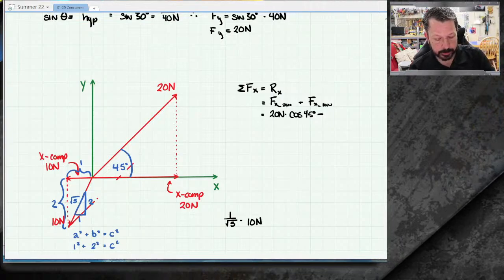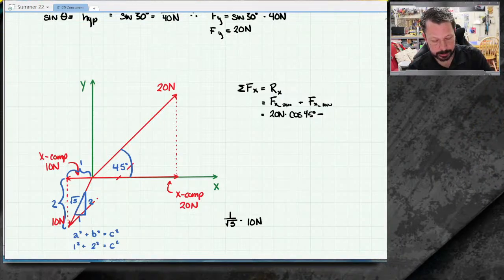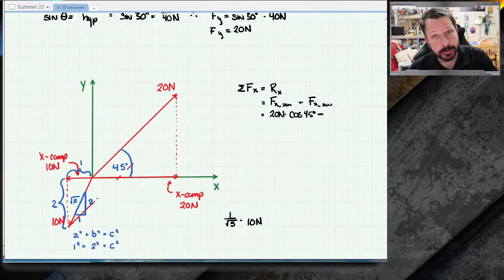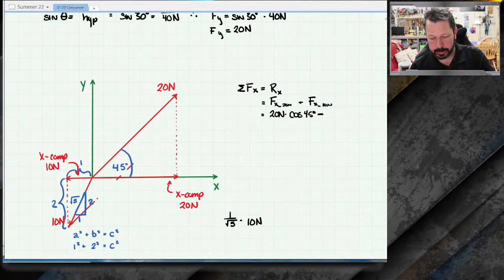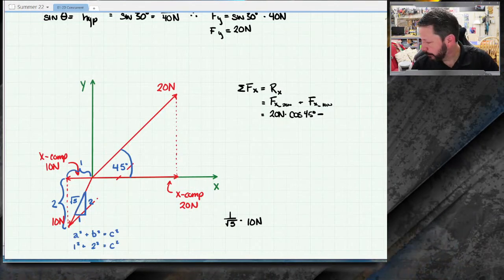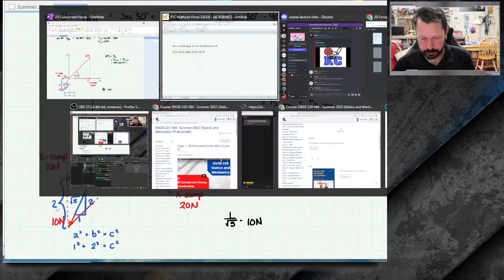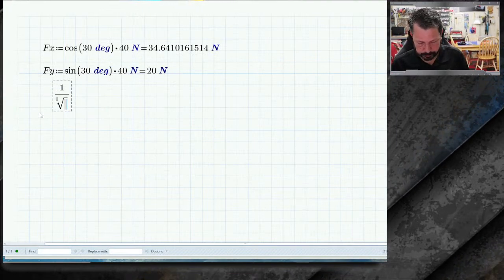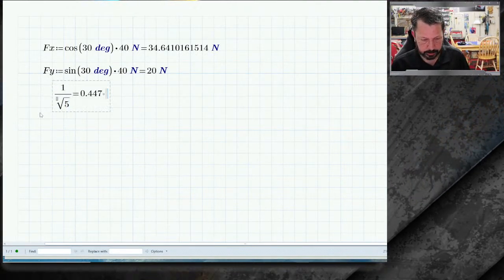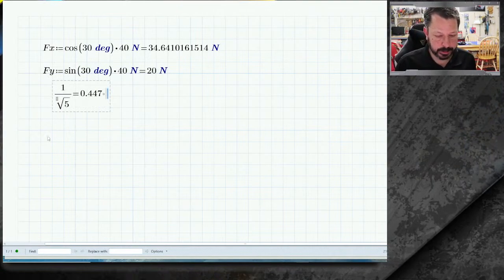So you could use this directly as the definition of a cosine or a sine or a tangent, whichever one you might need. So 1 over square root of 5, if I plug that in, let's go to MathCAD. 1 over square root of 5 is 0.447.